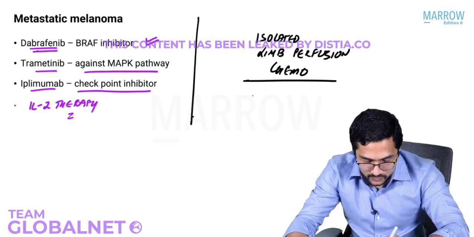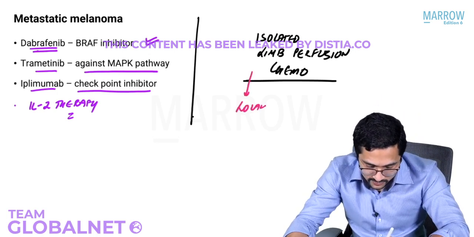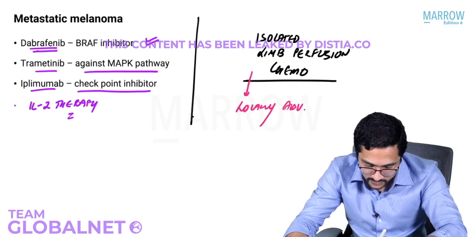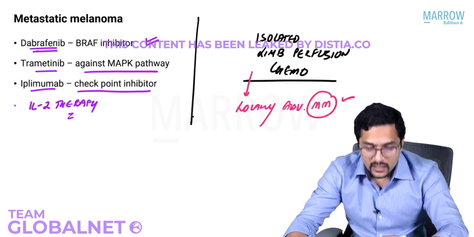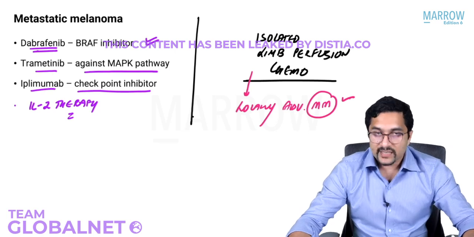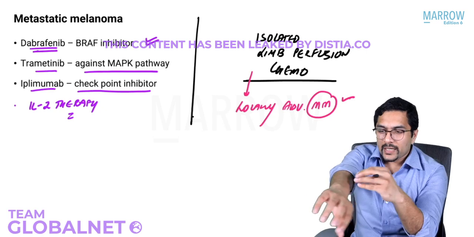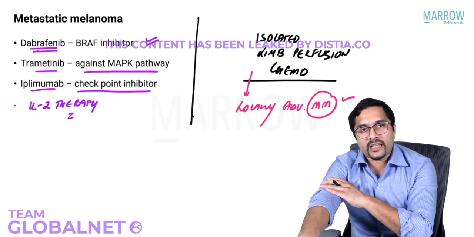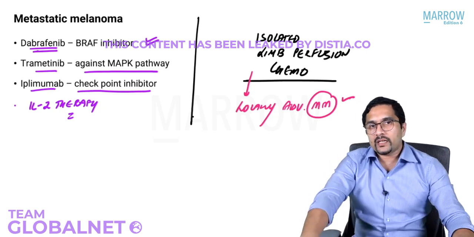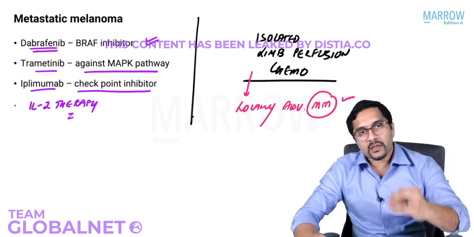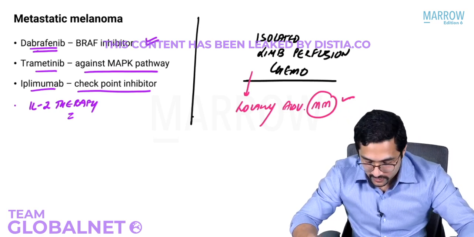And this is mainly used for locally advanced malignant melanomas which are not amenable to surgical resection. That means there are multiple satellite nodules or in-transit nodules which are there. In such patients, isolated limb perfusion can be used as one of the treatment methods of malignant melanomas.